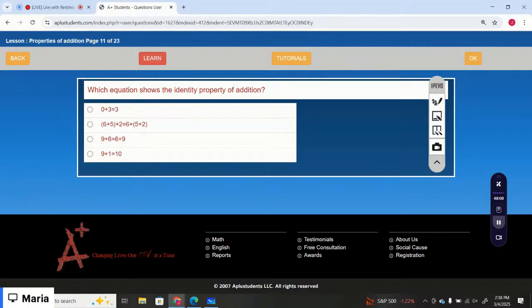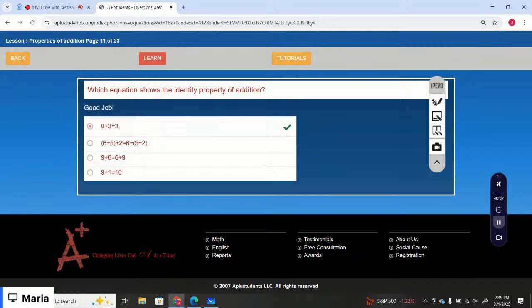Which equation shows the identity property of addition? Option number 1 shows the identity property of addition, right?